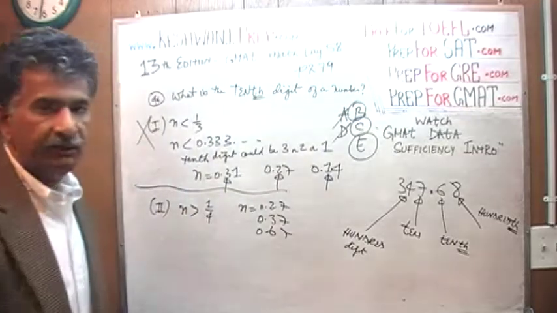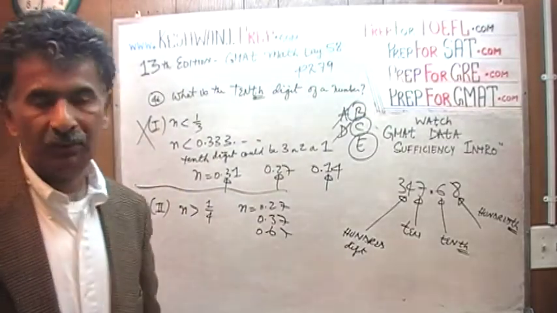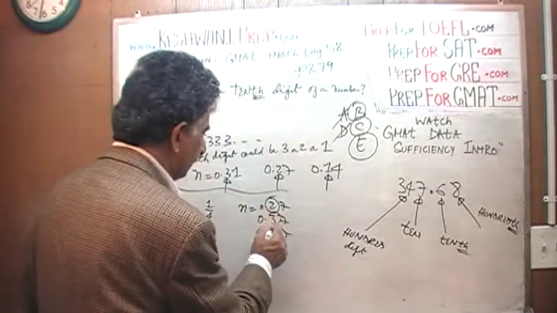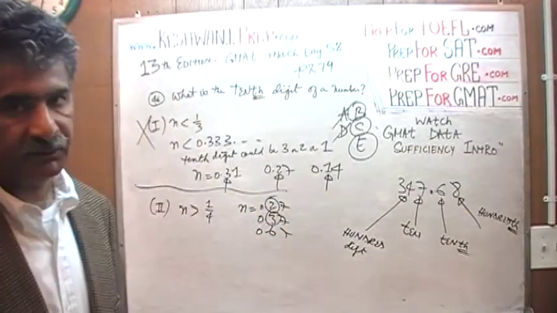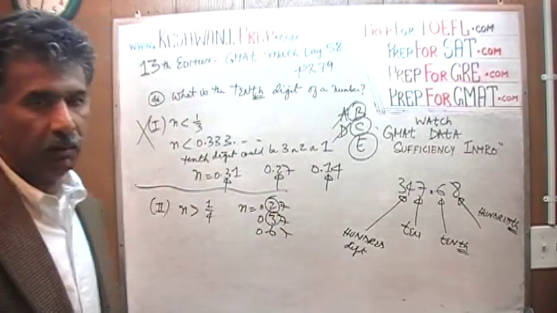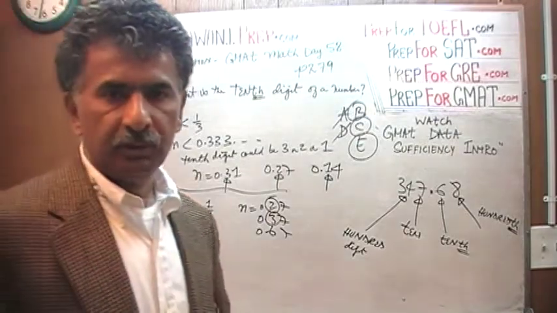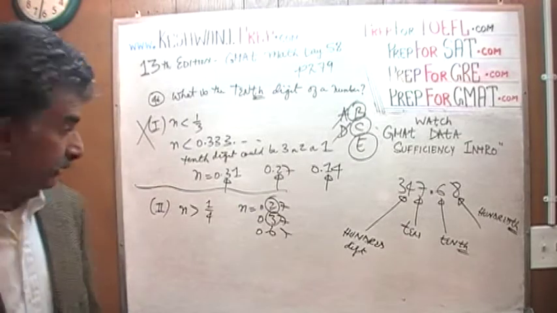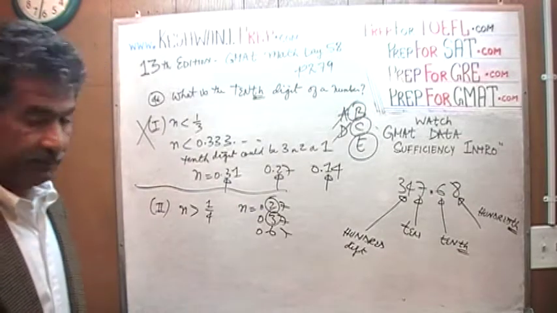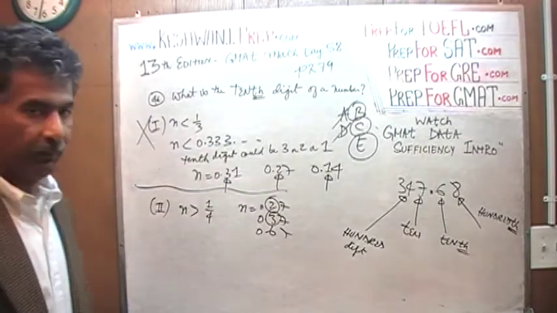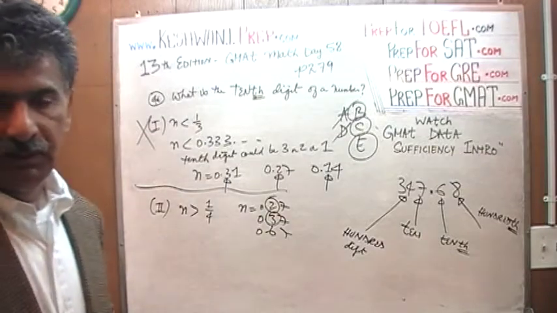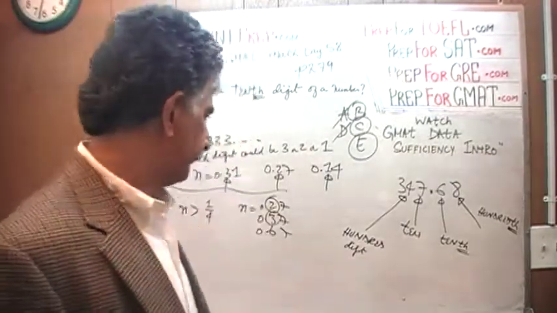Simply telling us that n is more than a quarter is not going to tell us what the 10th digit is. We know the 10th digit cannot be 0 or 1 because it's more than a quarter, but it can be anywhere from 2 to 9.